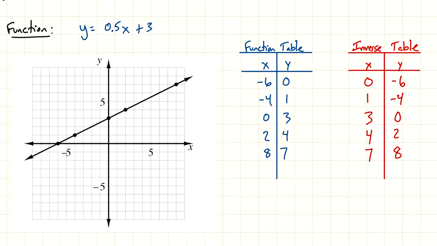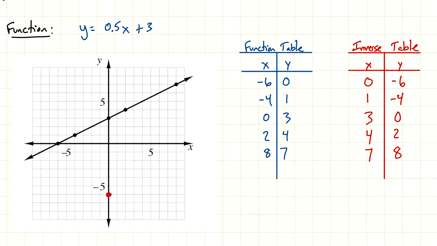All right, so let's plot those points and we'll get to see what it actually looks like. Don't forget x values, your inputs, your x is left and right. So we want to know where we're going on the x-axis, and then the y values tell you where you're going up and down. All right, so (0, -6) is right here.